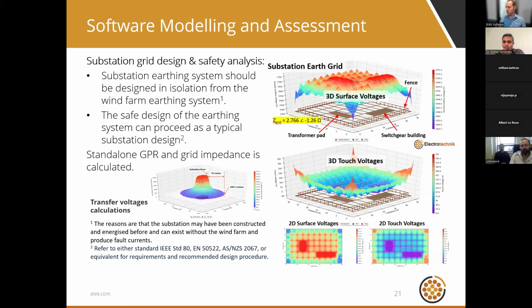We'll also look at transfer voltages. With the modeling, we can look at transfer voltages. During an earth fault, these earthing systems can often, because of surface voltages, transfer hazardous voltages to other locations. Other sensitive locations such as schools, etc. We certainly need to look at transfer voltages. I mentioned schools, but also telecom equipment or metallic pipelines are other infrastructure where we need to look into the transfer voltages.